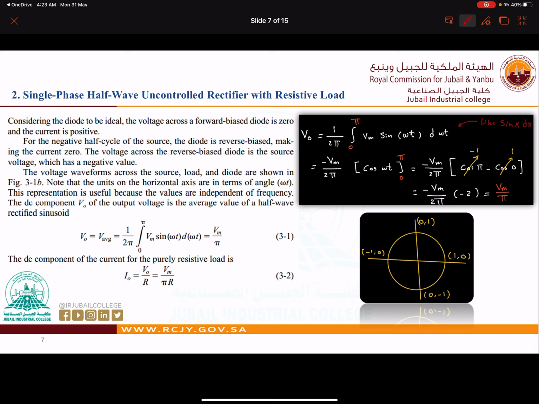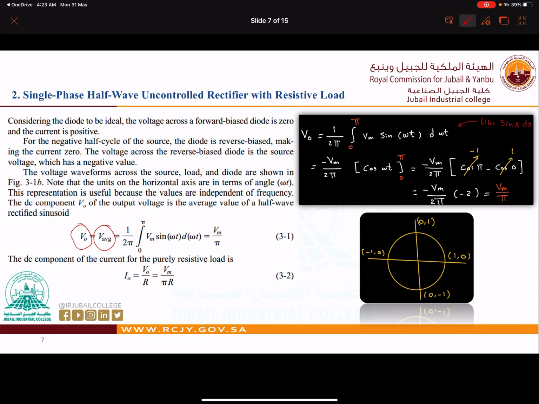Now if I want to calculate V out, of course V out is the same as V average. V out is DC, right? So if you see V out or V average, they are the same.